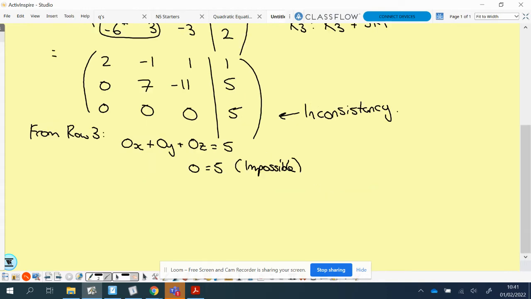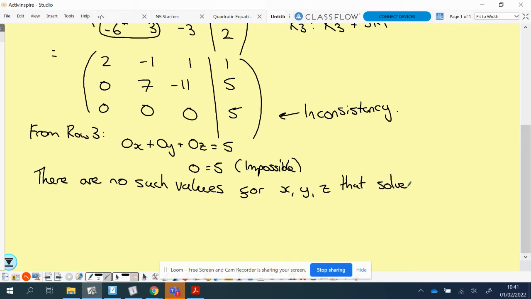So what we say is, there are no such values for x, y, and z that solve this system, therefore we have no solutions.